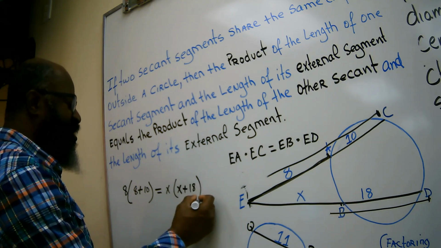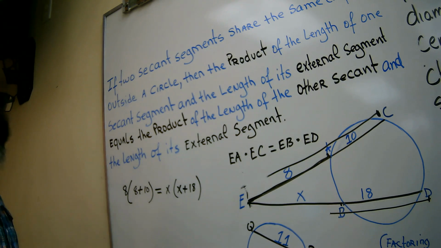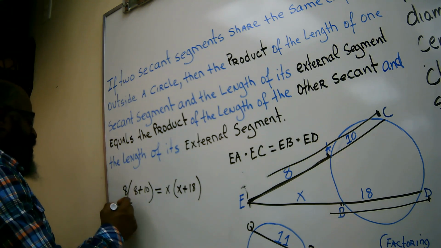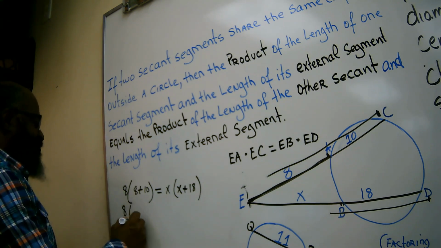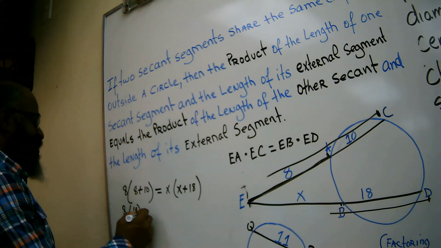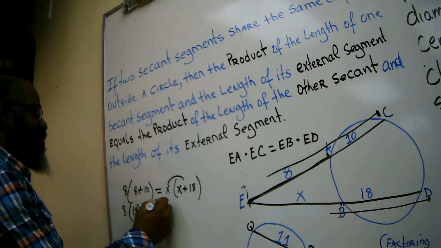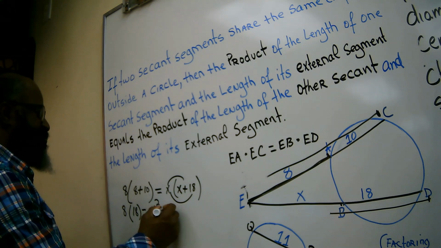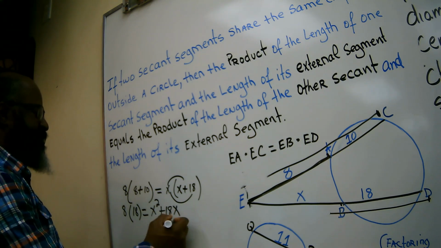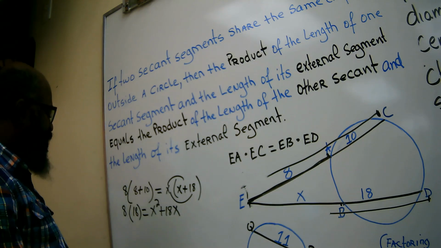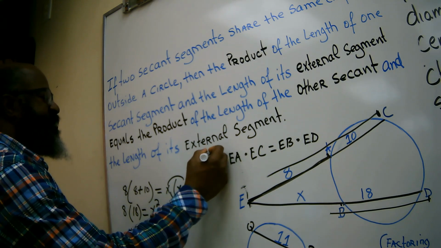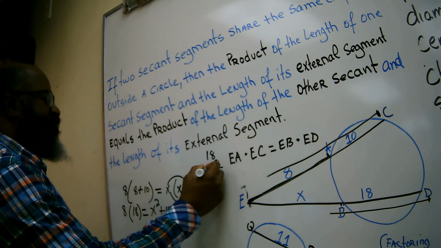So that will give you an equation. Now we can start to simplify that. You will have 8 times 18 is equal to, using the distributive property, x squared plus 18x. Now you take 18 times 8, that's 144.